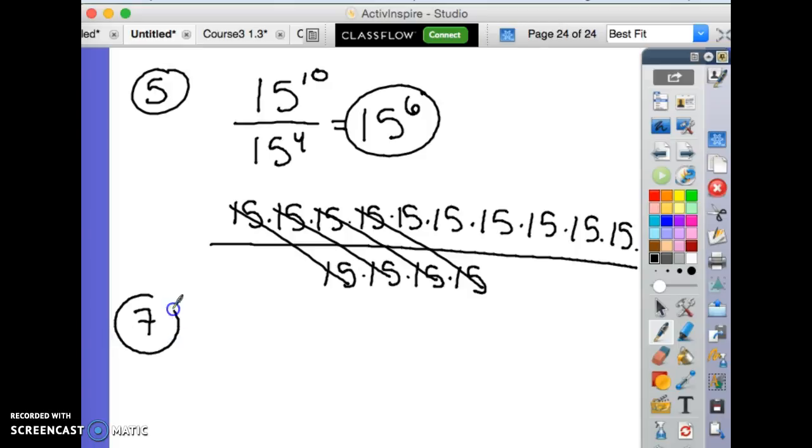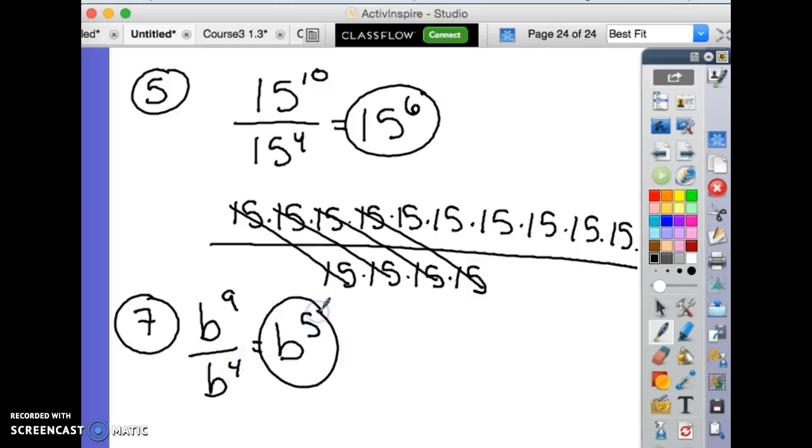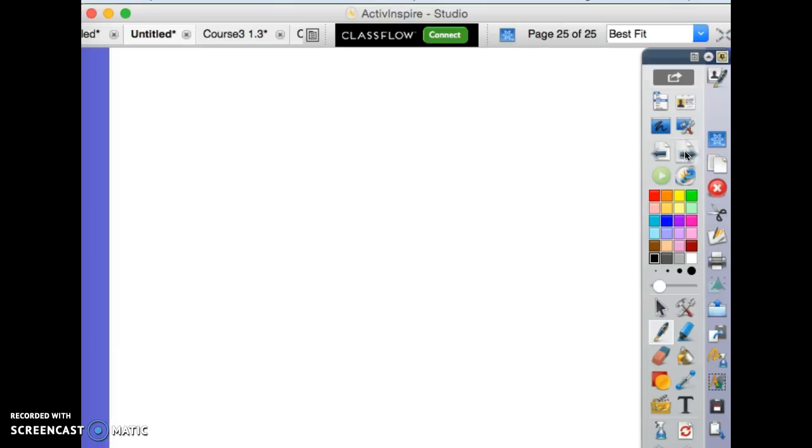7, we're going back to variables. B to the 9th over B to the 4th. Write it out like this if you have to. If not, 9 minus 4 is 5. Number 10, so this one is like I don't want to do 10, I want to do 9. 9 says c to the 10th over c to the 6th.